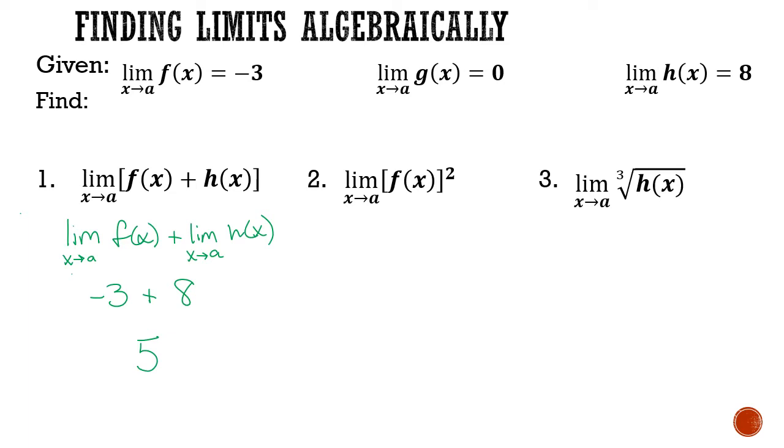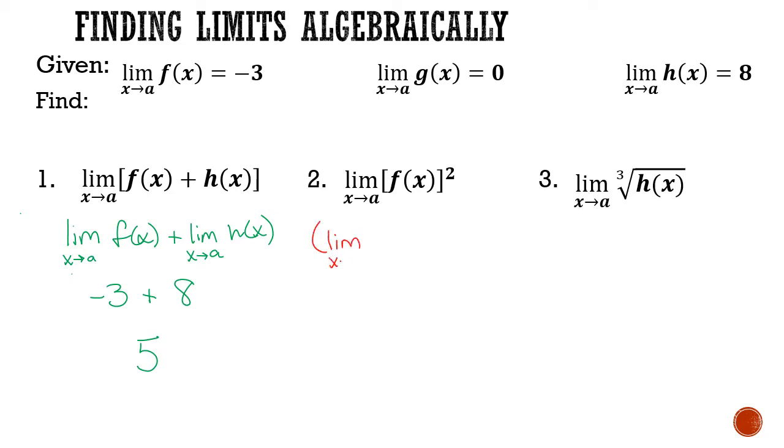So number 2, we want the limit of f of x squared as x is approaching a. Again, I'm going to rewrite this because I need to be squaring the limit as x approaches a of f of x, just like it looks in the given section. So rewrite this.